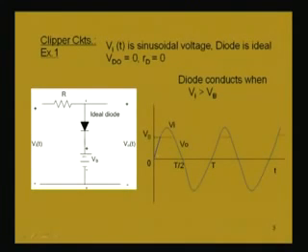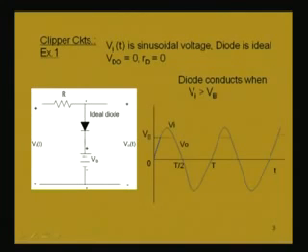Now, when Vi is greater than VB, P is at a higher potential than N, because N is connected to VB and this is now higher than VB. So now the diode will be conducting.